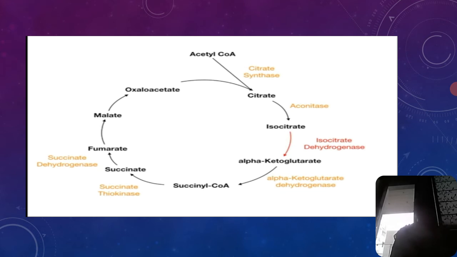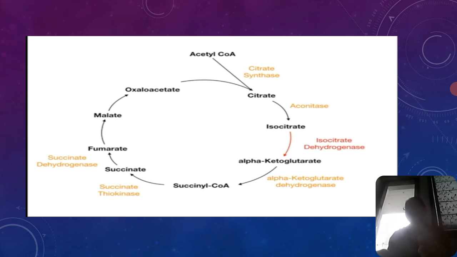Next, after the conversion to succinyl coenzyme A, that means alpha ketoglutarate into succinate by the succinic thiokinase. Here succinic thiokinase is involved in the conversion of succinate. Next, the succinate into fumarate, there is the succinate dehydrogenase involved here.